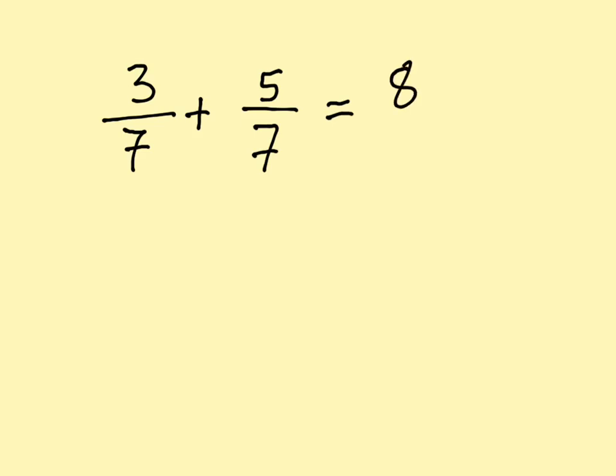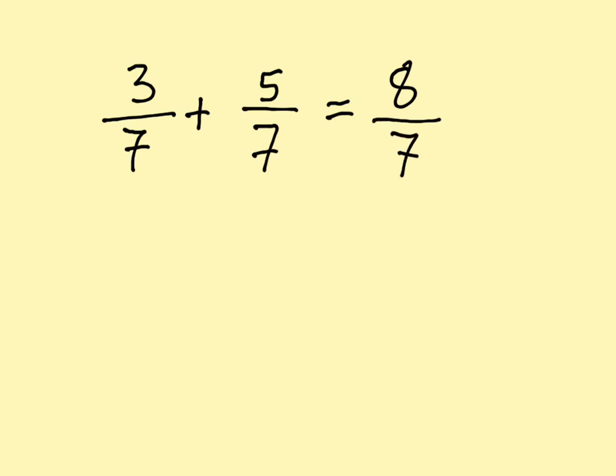First thing, when we have fractions that have the same denominator, let's say 3/7 plus 5/7, we have a very simple job. We just add the numerators, which is 3 plus 5, in this case 8, and then keep the denominator as 7.